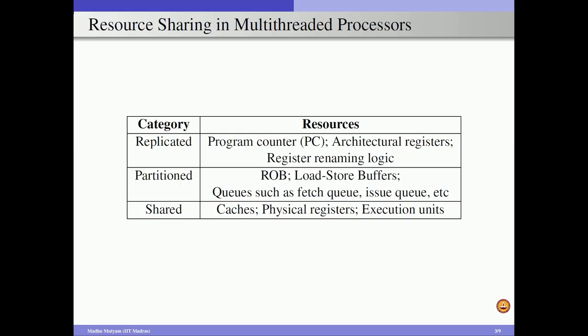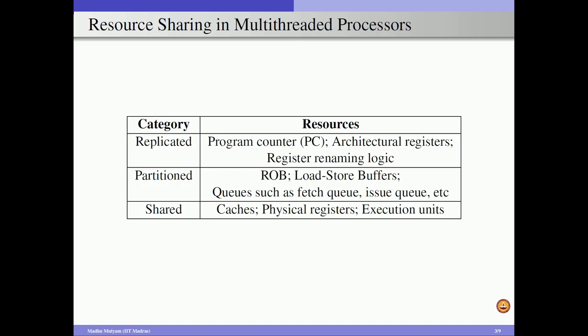Some resources cannot be shared by multiple threads, such as program counter, architectural registers, and rename register logic, because we know that the control flow of a thread will be uniquely determined by the program counter content as well as the architectural register contents. So, as a result we cannot share these resources across multiple threads.